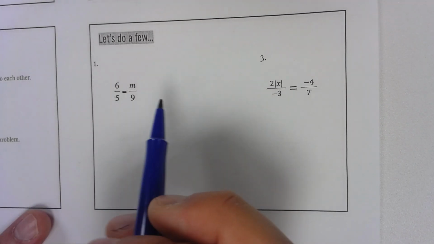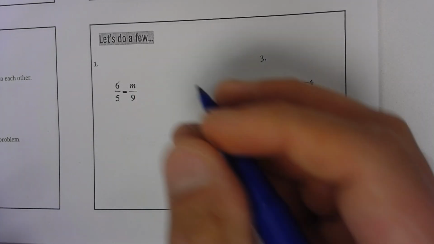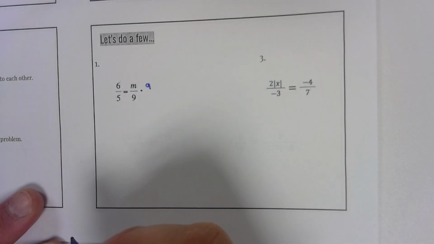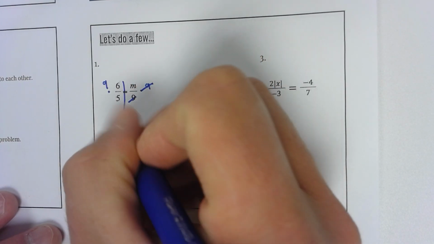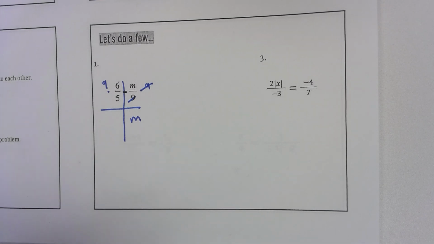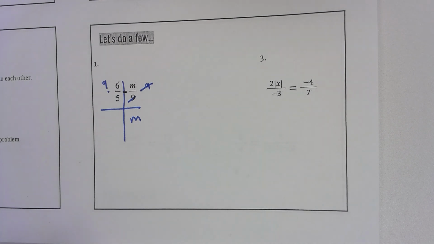Now, I want to point out here that our goal when we're solving is to get the variable by itself. Well, this can happen really easily with number 1 here by me just multiplying both sides by 9. Right? When I multiply by 9, that gives me just an m. And then on the other side, when you're multiplying fractions, and I'll grab calculators here, but I want to talk about how we do this as well.